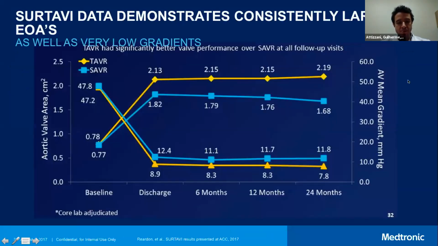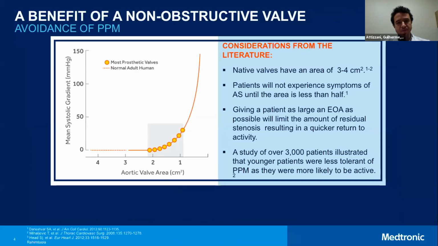This graph, I think, has been seen by all of us many times, but it is just to emphasize the fact that when EVOLUT was compared with surgical valves, the results of EOA and mean gradients of EVOLUT were significantly better than surgical valves and were sustained over time. This slide shows up to 24 months of follow-up.